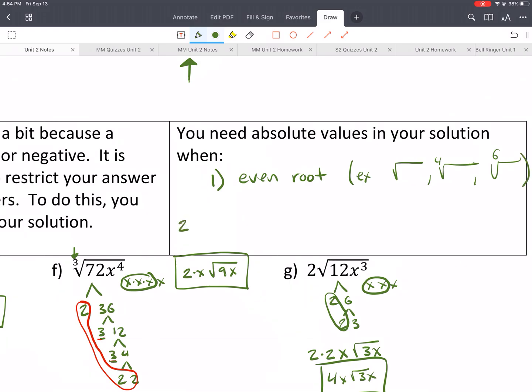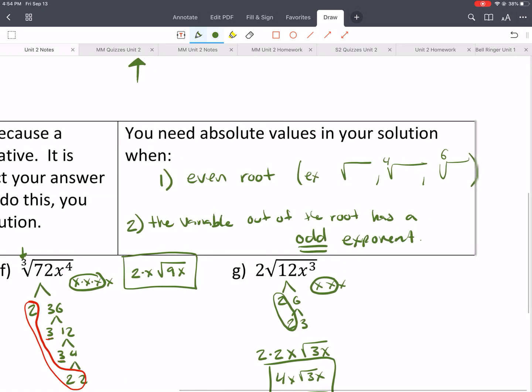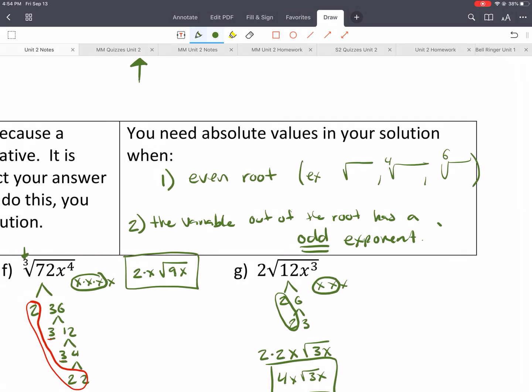Okay, 2, the variable out of the root has an odd exponent. Okay, so for example, some odd exponents could be something like x, or x cubed, or x to the 5th.